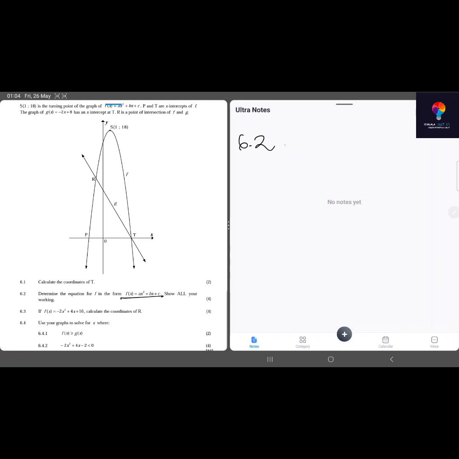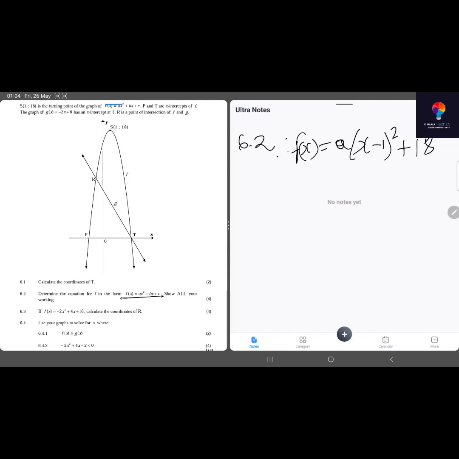This is how I'm going to go about it, by saying that f of x is equal to a times (x minus 1) to the power 2 plus 18.